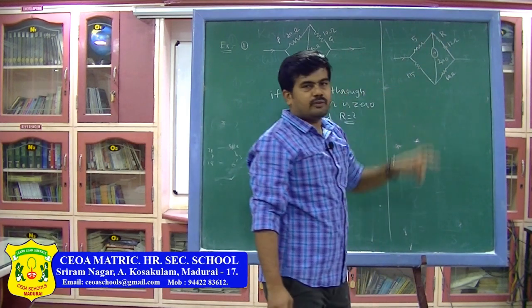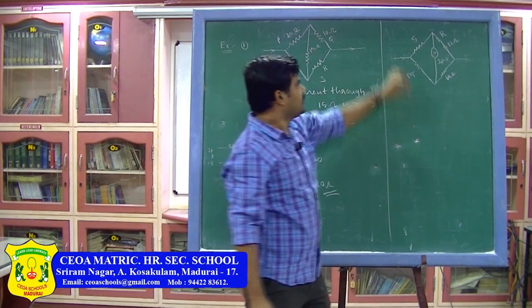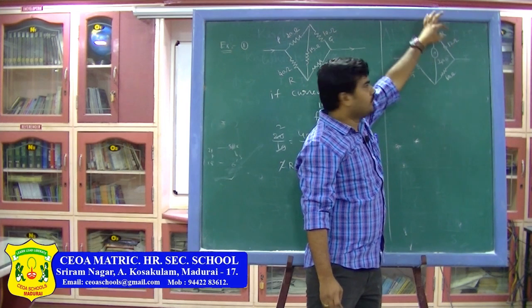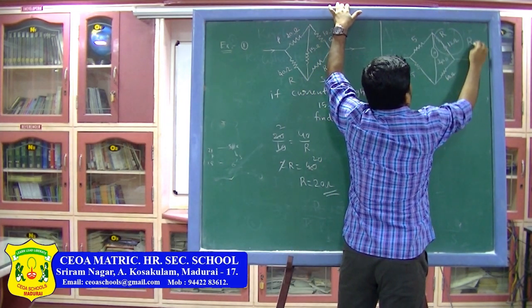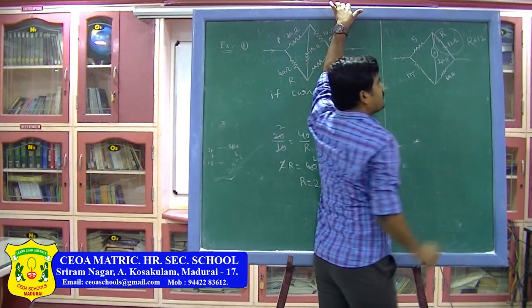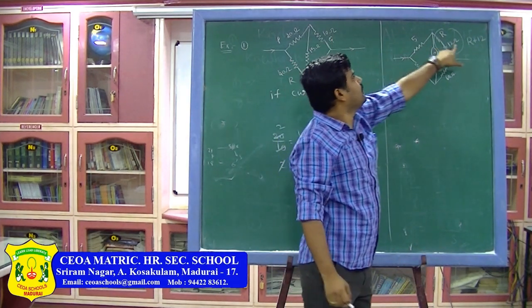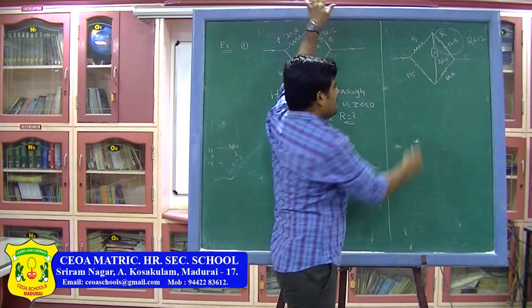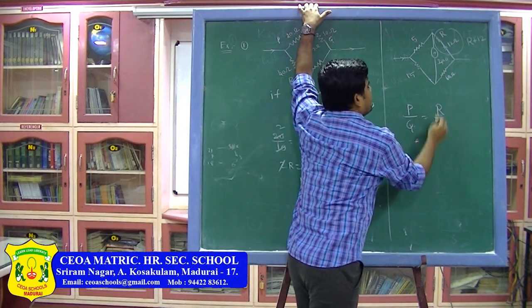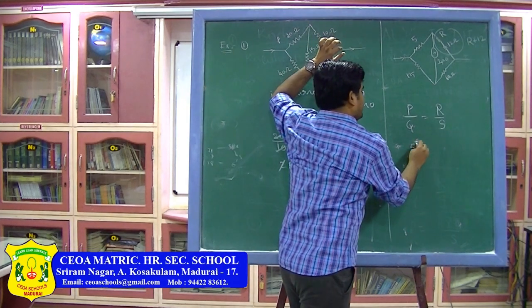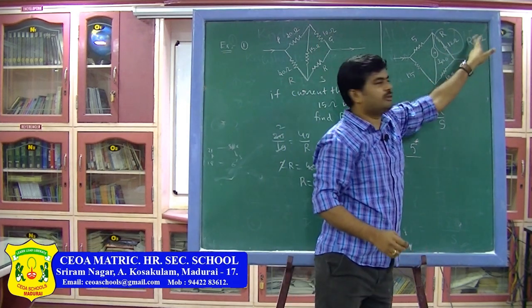Now, again use the balancing condition of Wheatstone bridge. So, this is P and this is Q. Remember these two are in series, so the equivalent resistance will be R plus 12. So, Q value is R plus 12, and P divided by Q is equal to R by S, where P value is 5 and Q value is R plus 12.